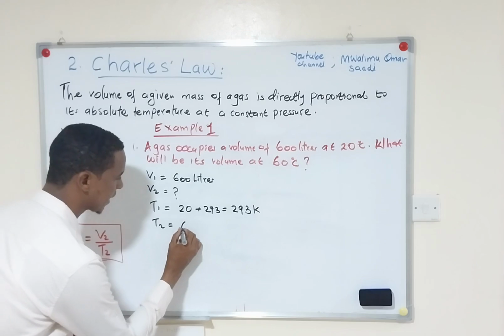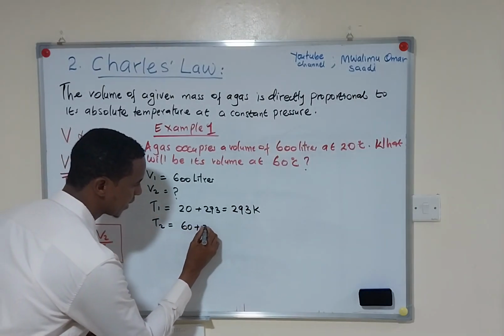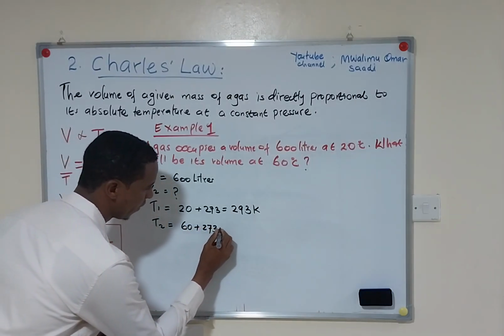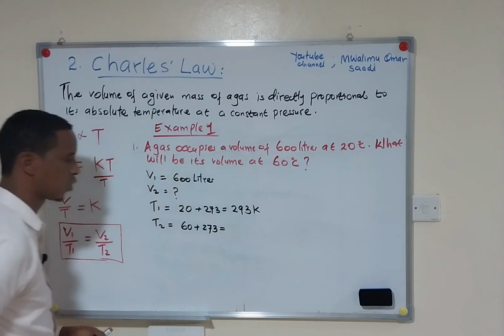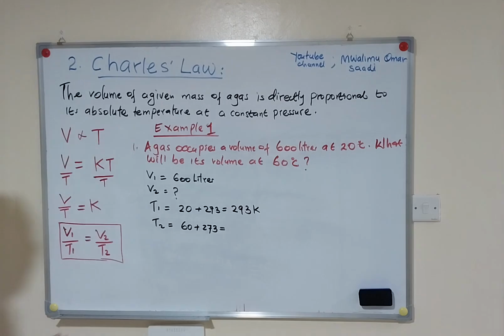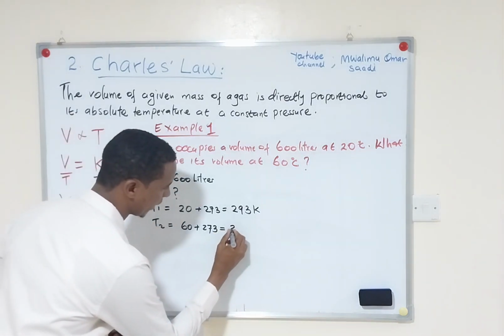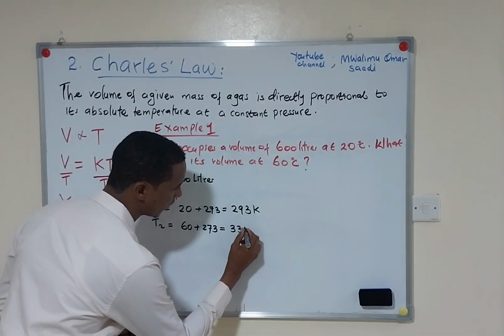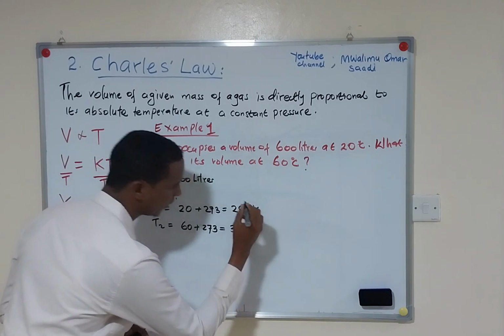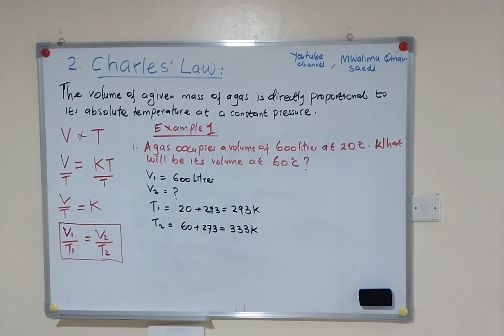That will be 60 plus 273, which equals 333 Kelvin.